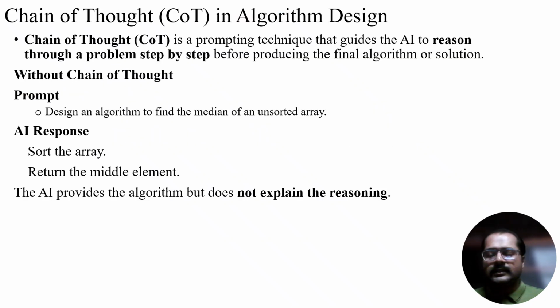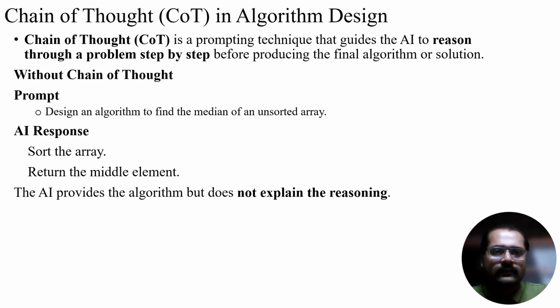So let's see. Till now we have worked with data. These AI tools can also be used to design algorithms and even give mathematical proofs. Chain of thought is a prompt technique that guides the AI, artificial intelligence, to reason through a problem step by step before producing the final algorithm or solution.